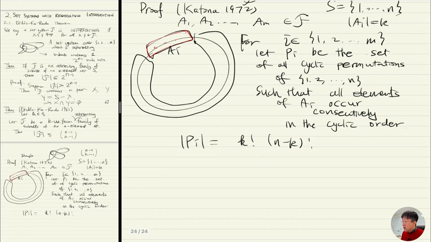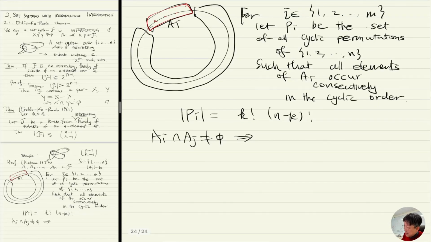All right, now let's observe the following. Ai intersection Aj is non-empty because the family is intersecting. What does that mean? All right, let me say it this way.